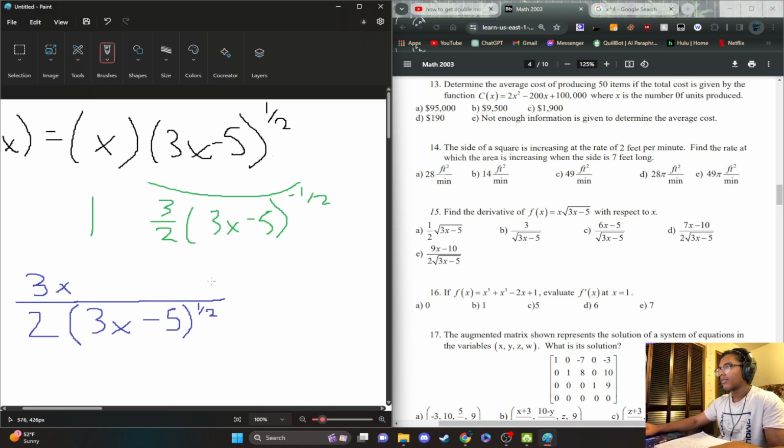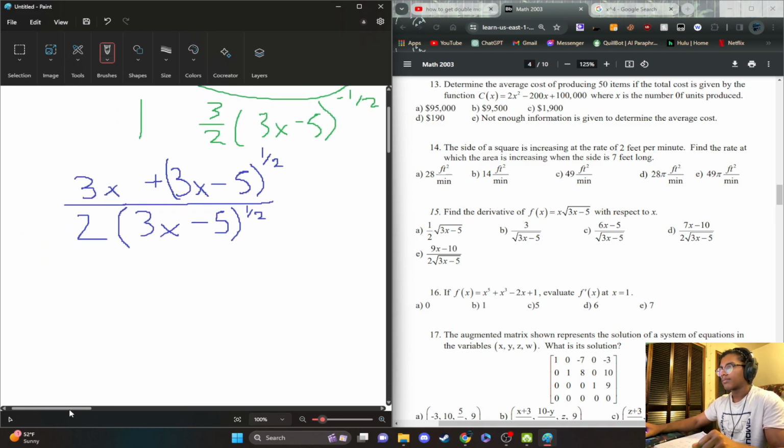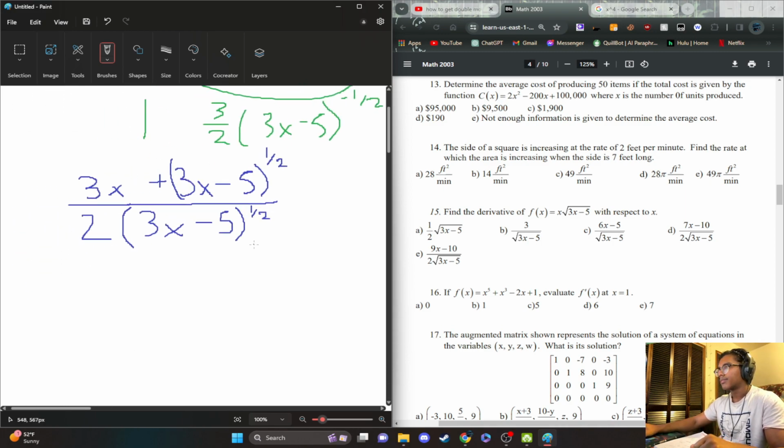And then you have plus this value right here, 1 times this value. So you have 3x minus 5 to the half power. So this step, what you do is, let me see, hold up.